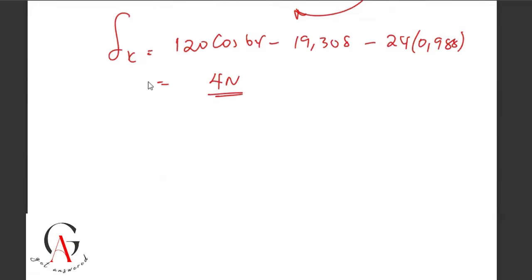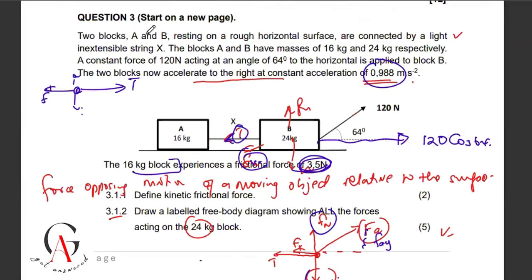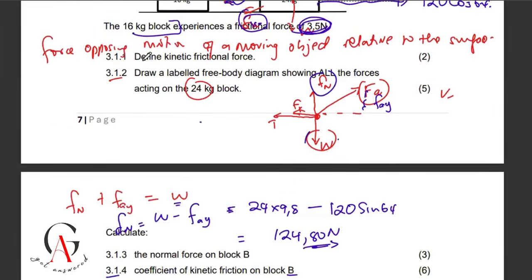Now, we know that the frictional force is given as mu multiplied by the normal force. Say mu k. So 4 is equivalent to mu k multiplied by the normal force that we calculated, which we calculated to be 124,8.